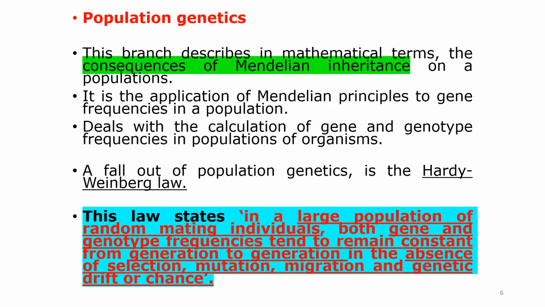So the basic keywords: large population of random mating individuals, gene and genotype frequencies remaining constant from one generation to another when there is no selection, mutation, migration, and genetic drift or chance.